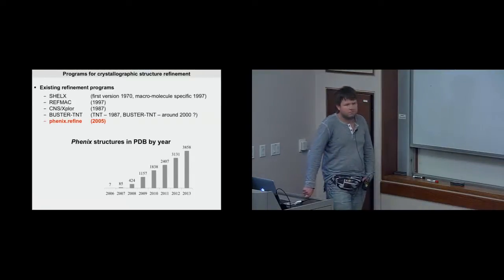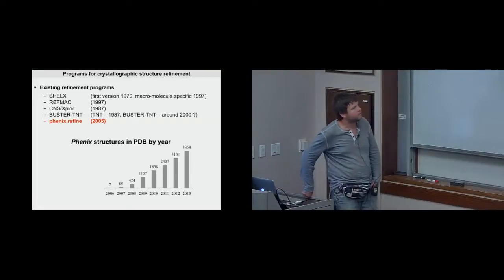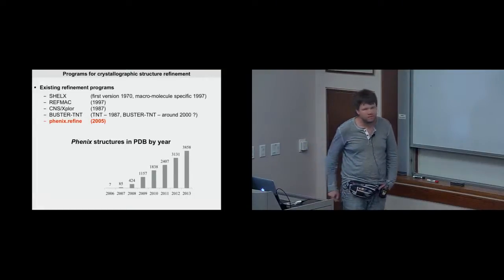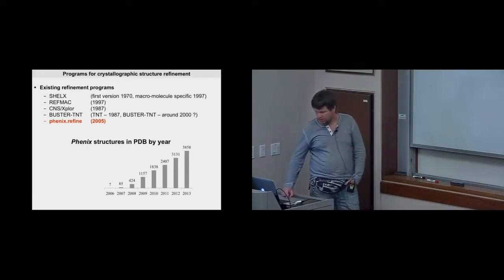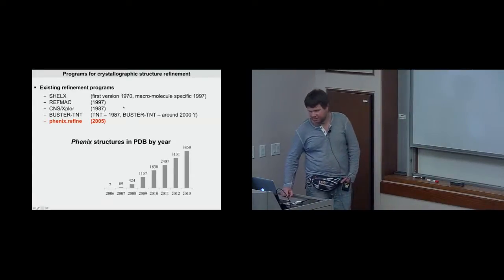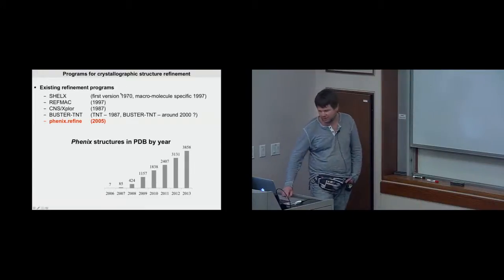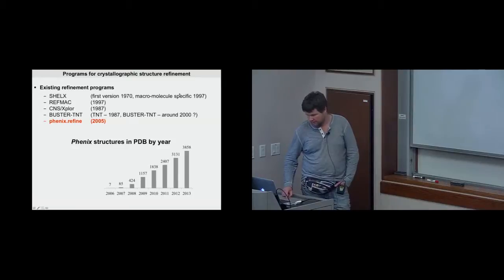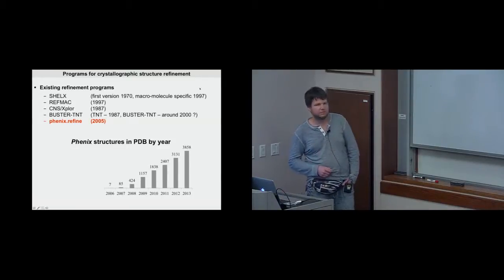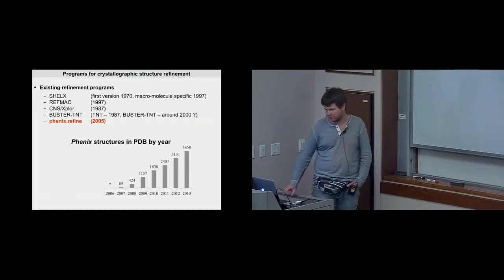Just so you know, you have a choice of various refinement tools. Some of them are quite old, older than I am currently. So SHELX goes back to the 70s, and SHELXL, the program SHELX adapted to macromolecules, is 1997.